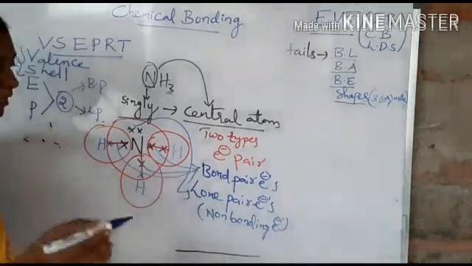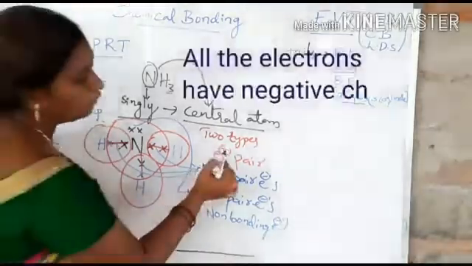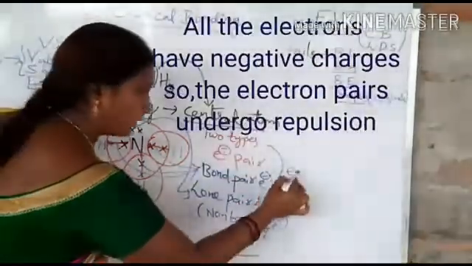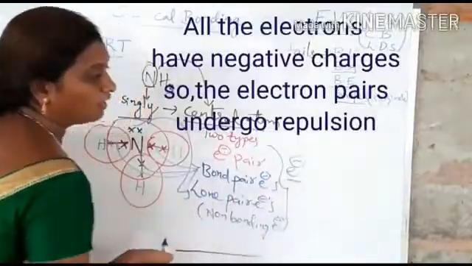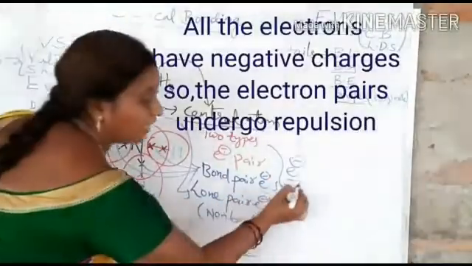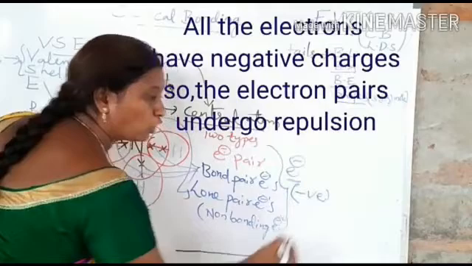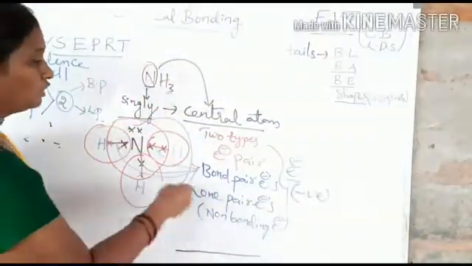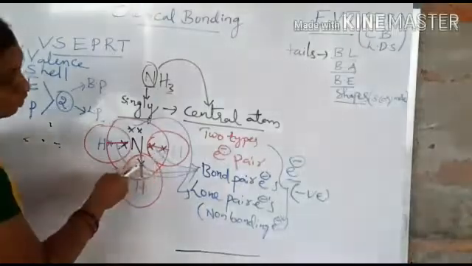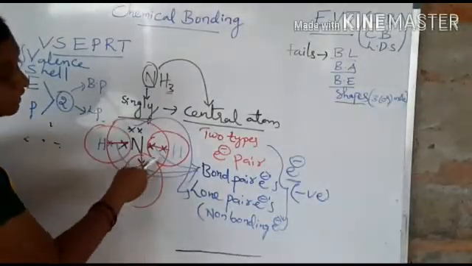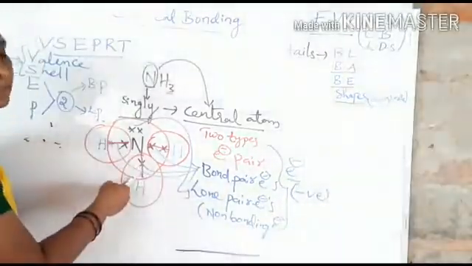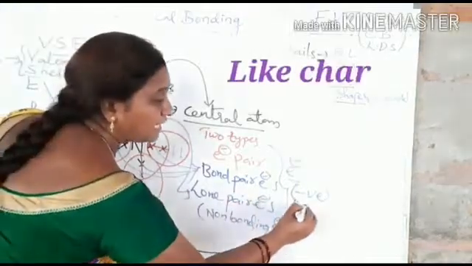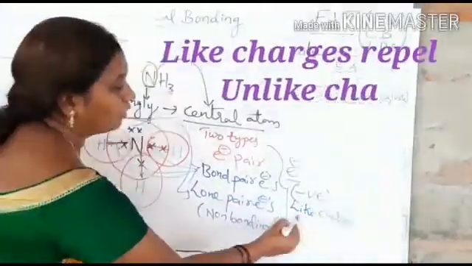And whether it is lone pair or bond pair, all the electron pairs are electrons, which have negative charge. As you already know, electrons have negative charge. So these negatively charged electrons and those negatively charged electrons undergo repulsions because like charges repel.